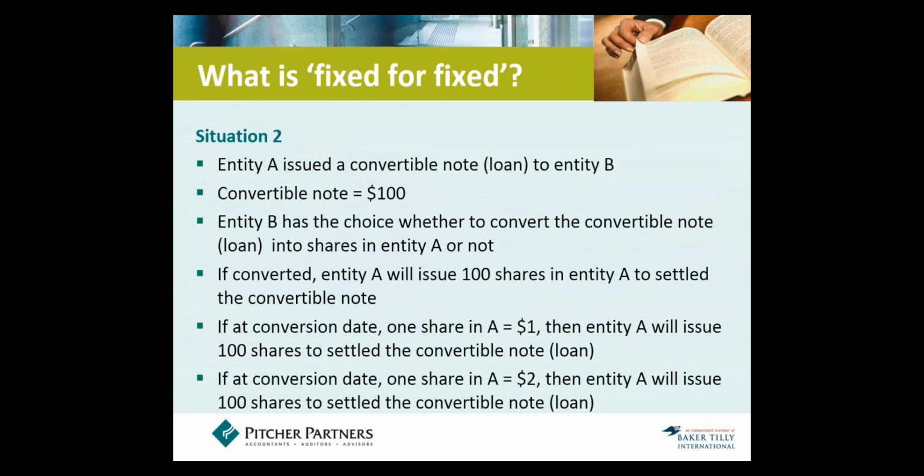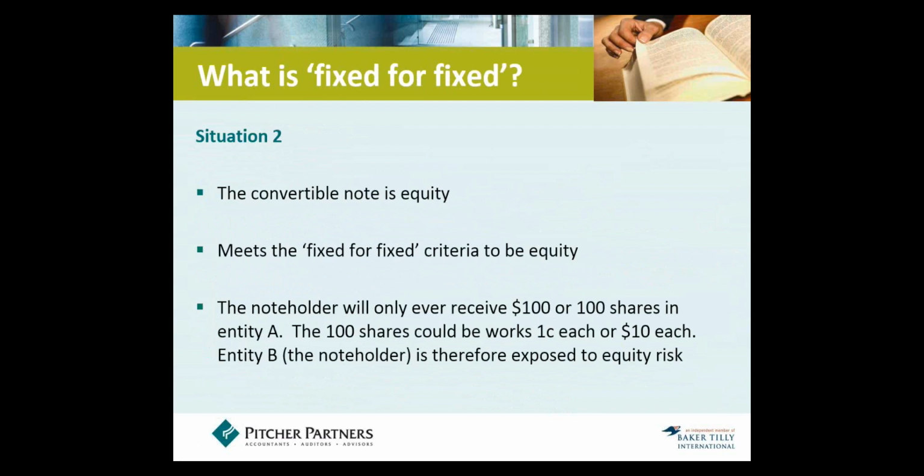Entity A has fixed that they'll issue 100 shares to settle the convertible note of $100, irrespective of what the fair value of these shares are at conversion date. Therefore, in this situation, the convertible note is equity. It meets the fixed for fixed criteria to be equity.